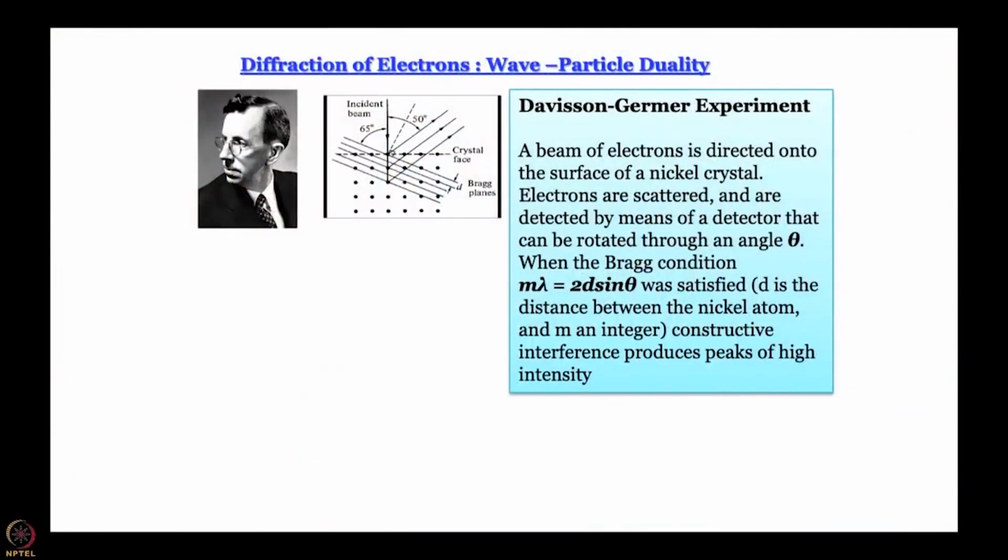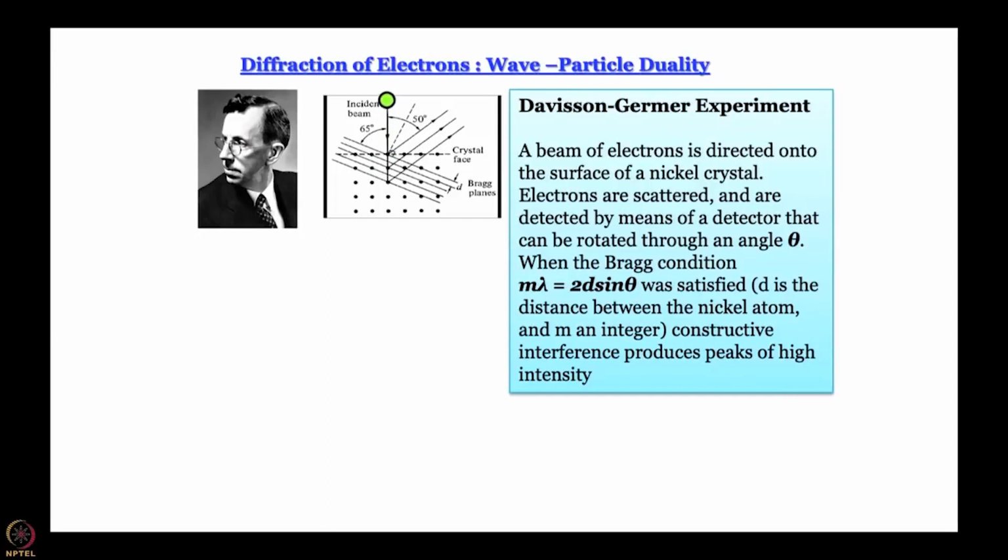In this, a beam of electrons from an electron gun, and when I say electron gun, one can think of a cathode ray tube with a hole at an end, so that the cathode rays that are generated would go through the electrode and come out of the other end.